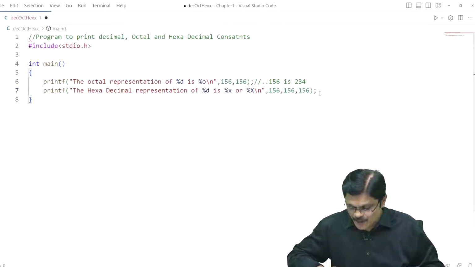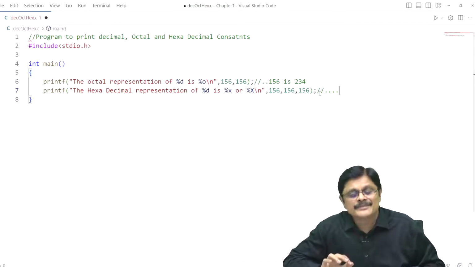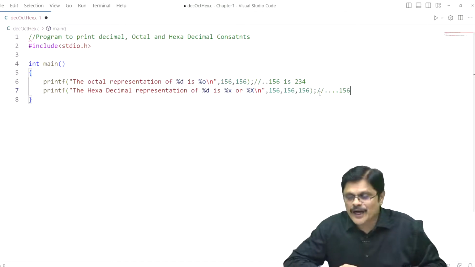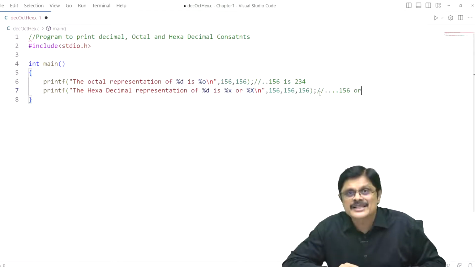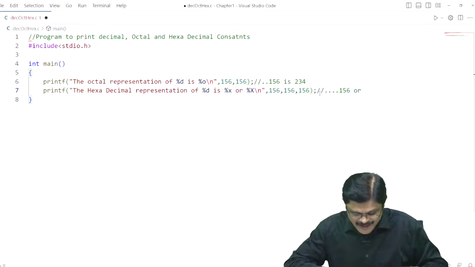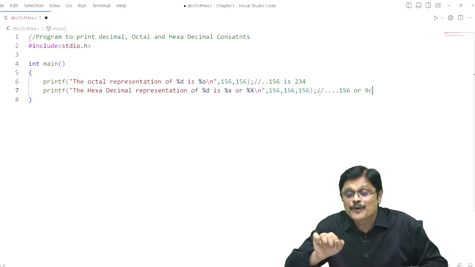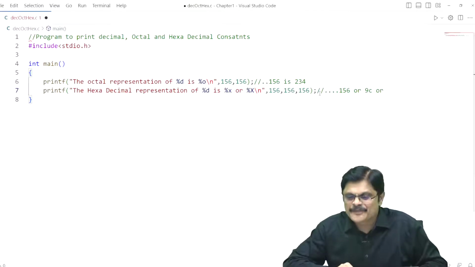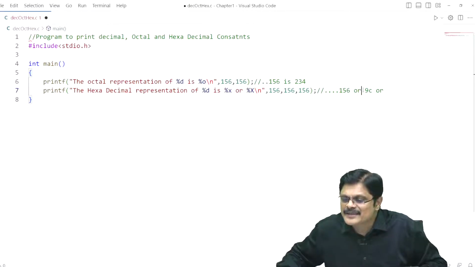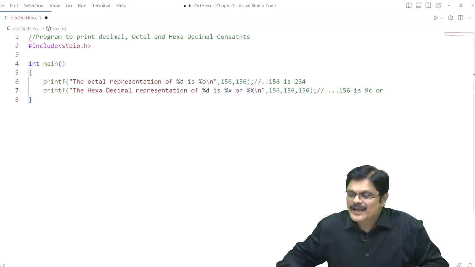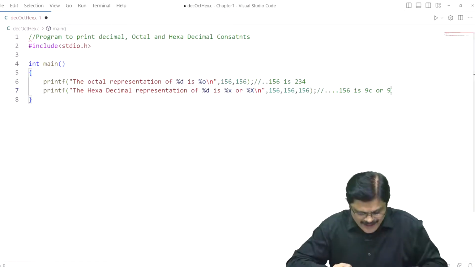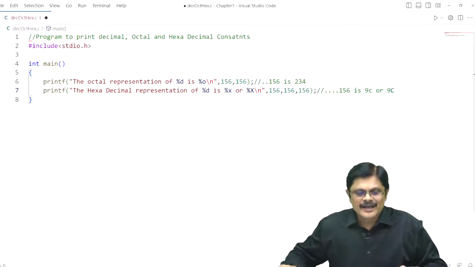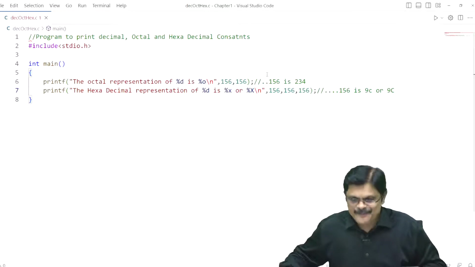So the expected output in this case is 156. We already know, for 156 what is the hexadecimal representation? 9c if you write with small %x, and here you should get 9C in capitals. Let us run this and verify.